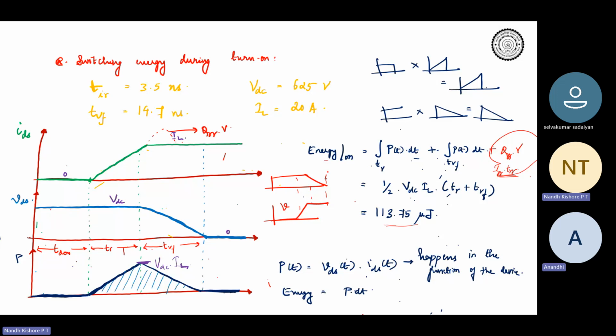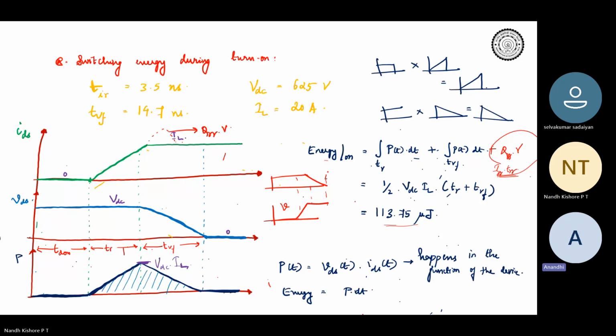So what is your instantaneous power? P is V of t into I of t. If you assume that the current rise is linear and the voltage fall is linear, the power loss will be something like this dark blue one. Something like this will happen every time the device turns on and every time it turns off.